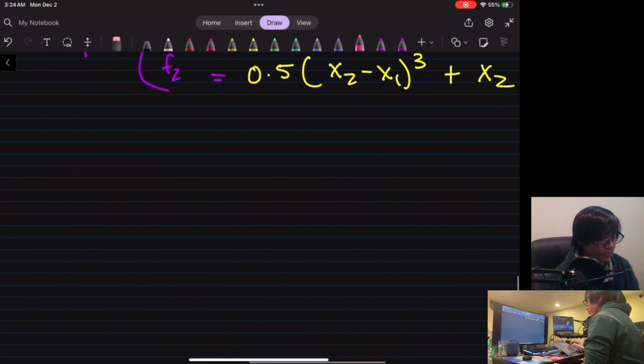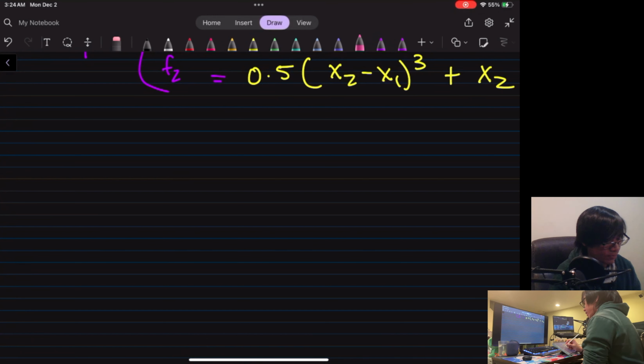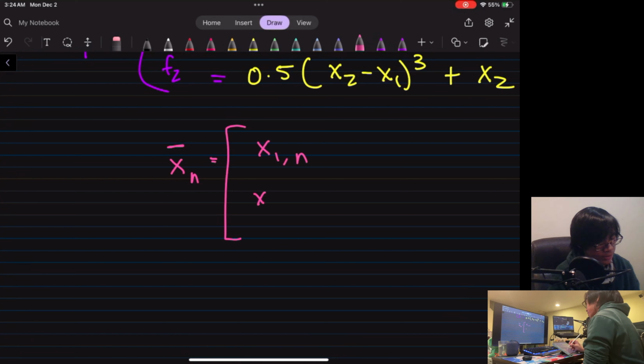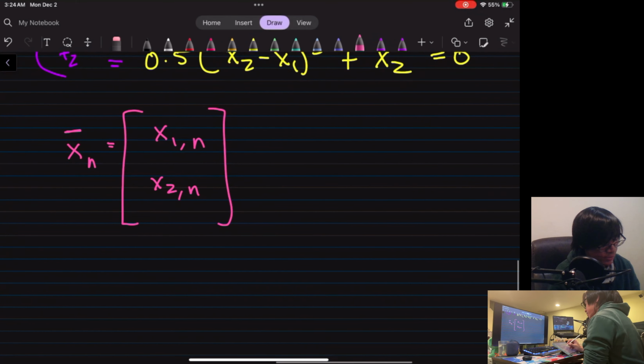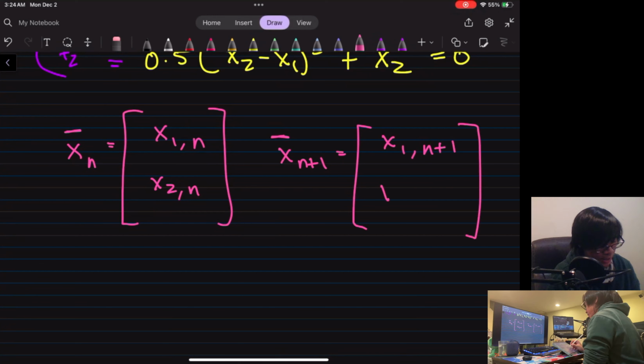And then for our variables, I mentioned before, we have x at the current iteration. So that's a vector of two components: x1 at the current position and x2 at the current position. Same thing with the next iteration, which is what we're solving for, n plus 1. So again, following the same format, x1 at the future iteration, and x2 at the future iteration.